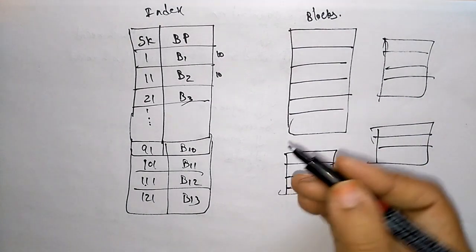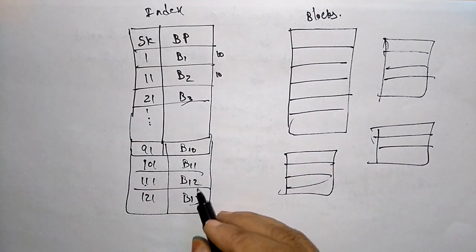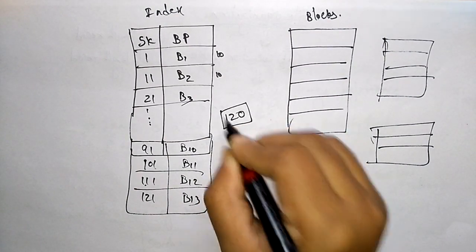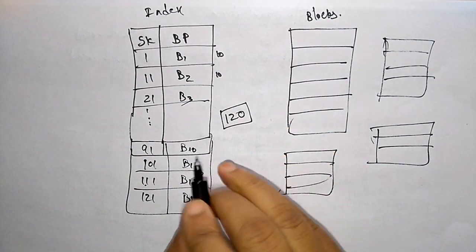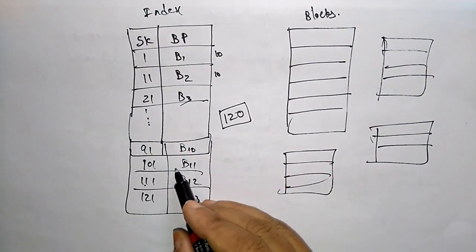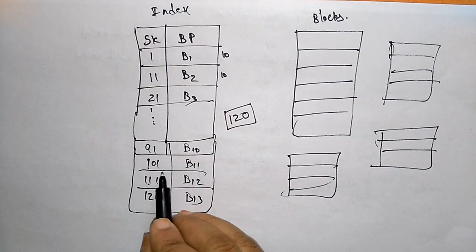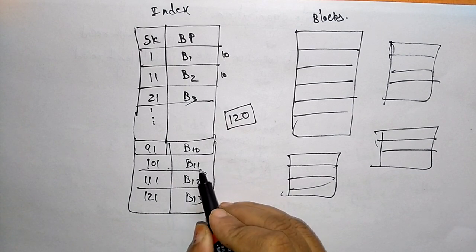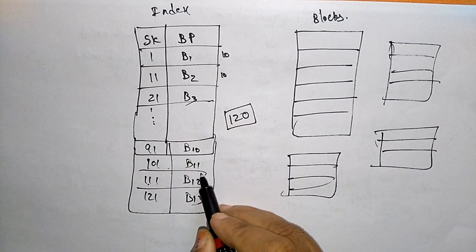Okay, so here if you want to search for a value, suppose the search key is 120. In the 120 record you have the data item. So what the database does is it goes to the nearest entry. 101 means 101 to 110 is in block pointer 11, that is, block 11.